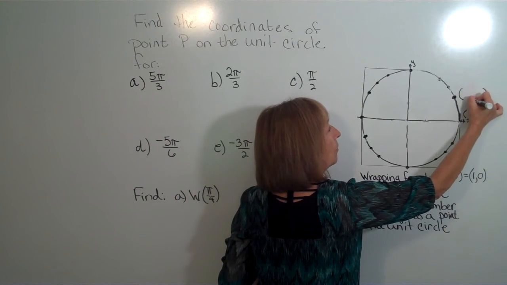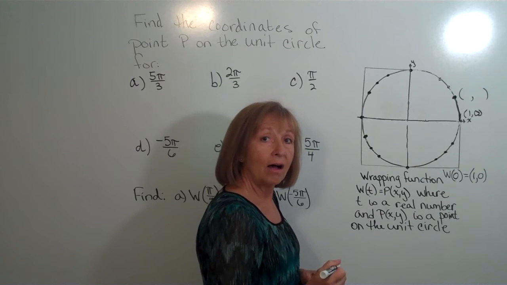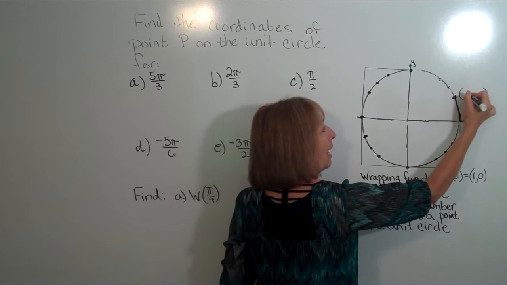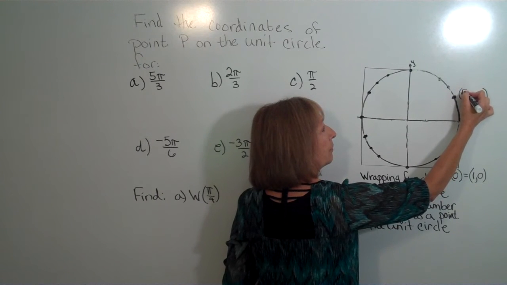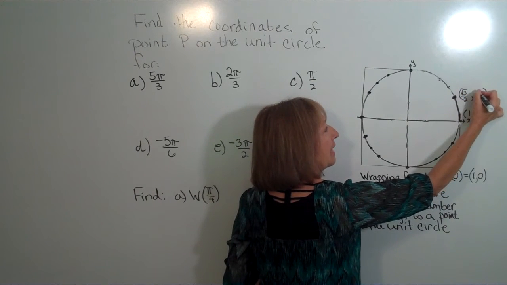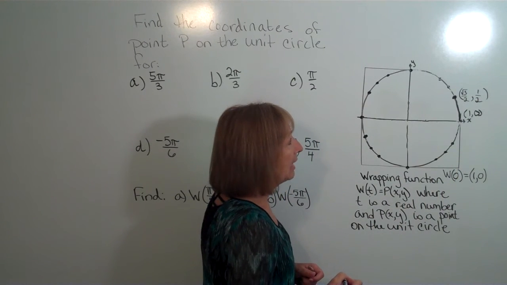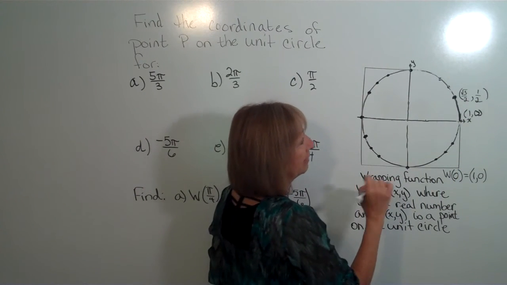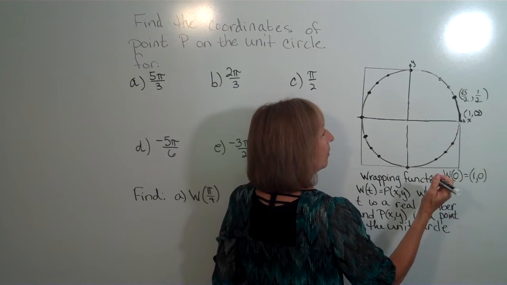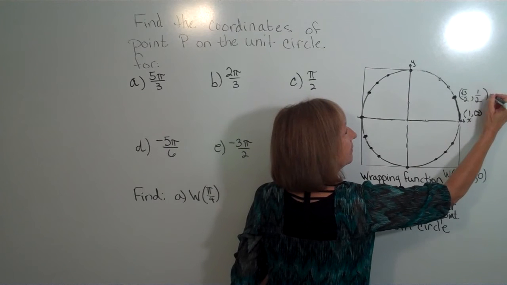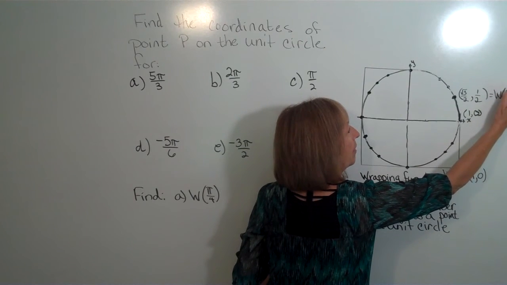So when I do the ordered pair for the arc length of pi over 6, the cosine of pi over 6 is the square root of 3 over 2, and the sine of pi over 6 is a half. And I'll go ahead and mark that with our angle of pi over 6 by doing the wrapping function of pi over 6.